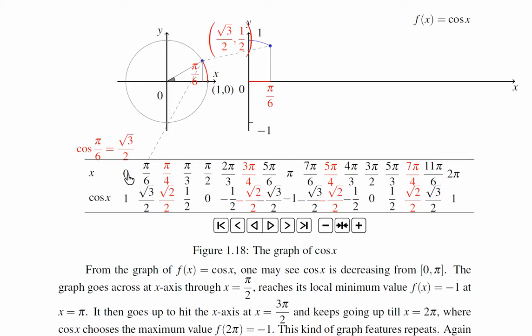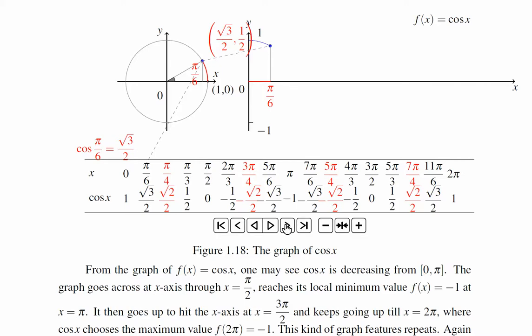That's why when x is 0, the value of this x-coordinate is from 0 here to the point here.